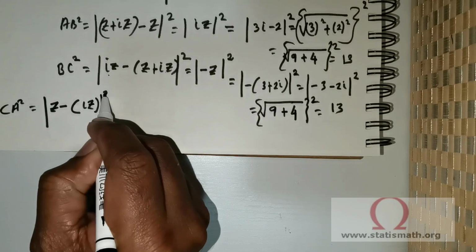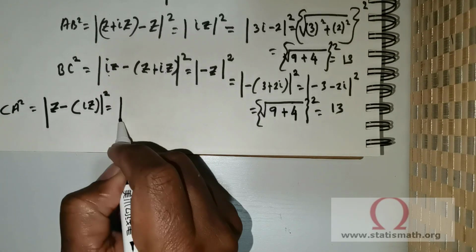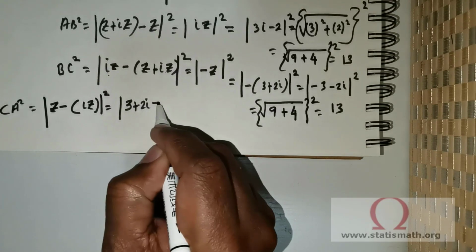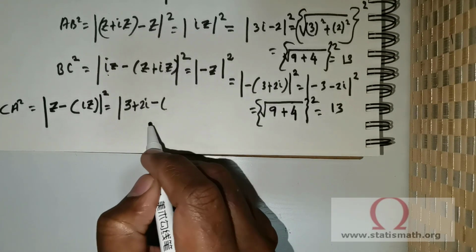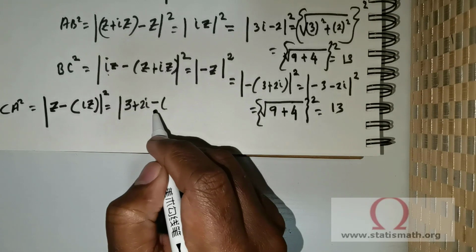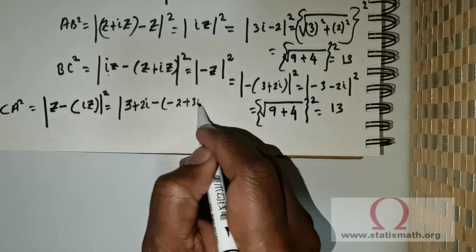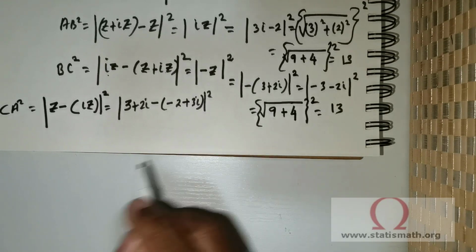That has to be raised to the power 2. Now z is given to be 3 + 2i minus iz, and iz you have found to be -2 + 3i.